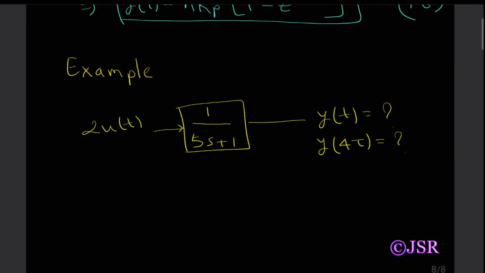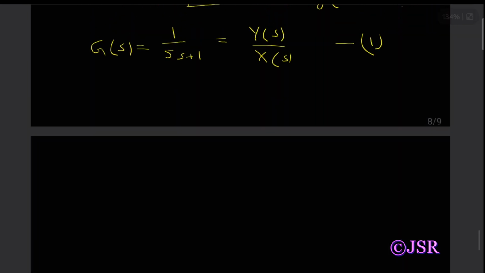So to do this problem, first write the transfer function. So the transfer function is given as 1 upon 5 s plus 1, and this is Y(s) upon X(s). So this is equation number, let's say 1. The second, we have given small x of t equal to 2 u of t.